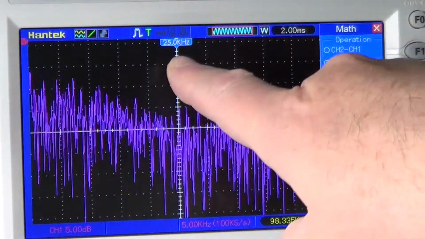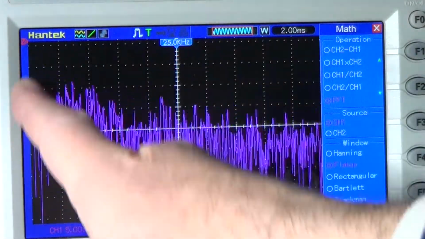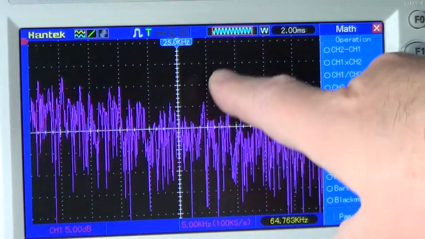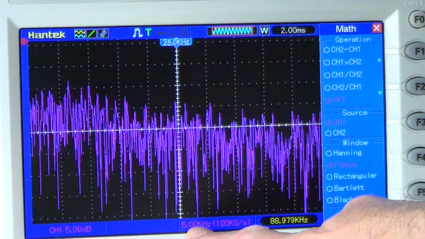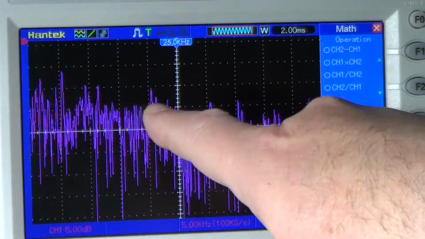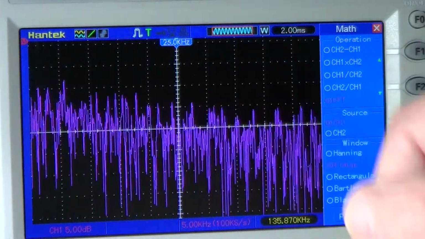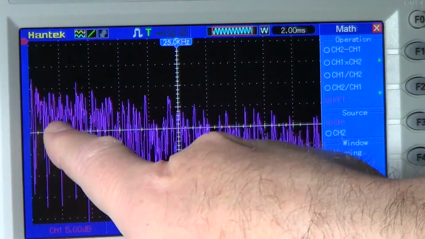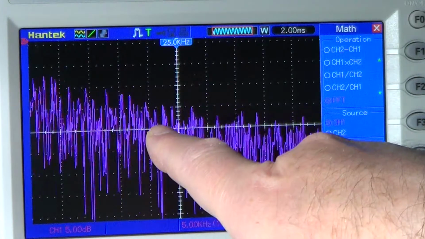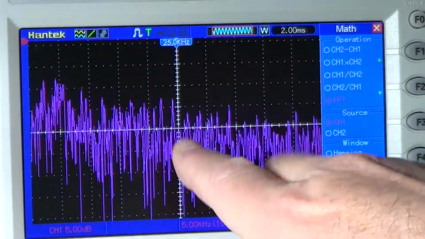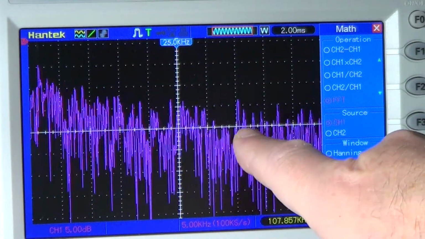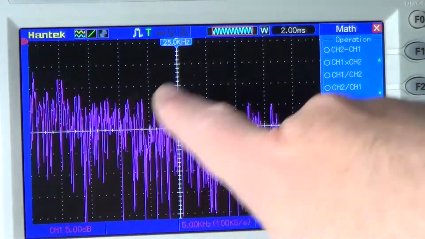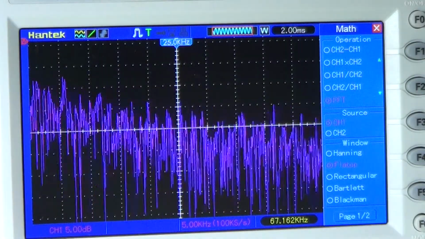It tells me the range of frequencies, which is from here, 0, to here, which is 25 kHz. And this other number tells me the change in frequency in just one square of the screen. So this says 5 kHz, which means this is 0, 5 kHz, 10, 15, 20, 25 kHz, this is the mark. And then 30, 35, 40, 45 and 50. So the whole range here is double this number, 50 kHz.